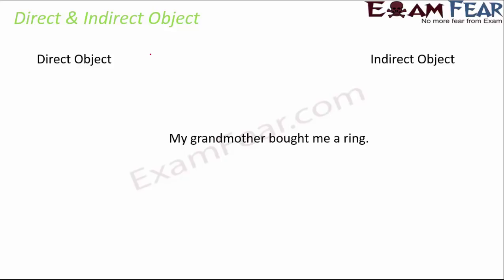Now, what about direct object? When we talk about direct object, it is always the receiver of the action that is performed by the subject, because in any sentence the action is performed by the subject, and the one who receives that action is the direct object. Then what about indirect object?